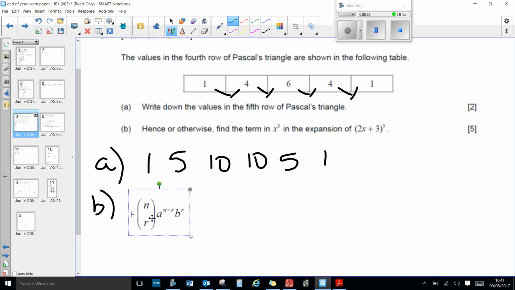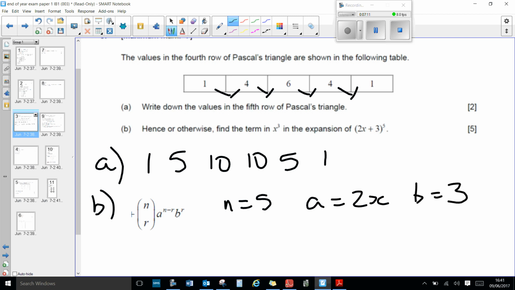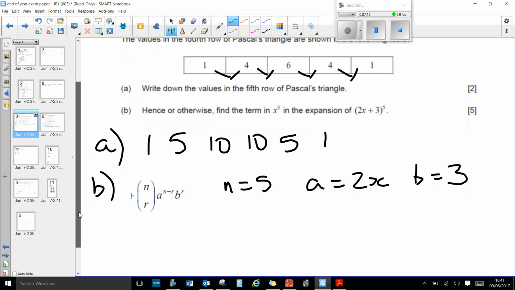So if we're considering this, remember we know the value of n is the power, so n is 5, a would be 2x, and b would be 3. So we need to establish the value of r.